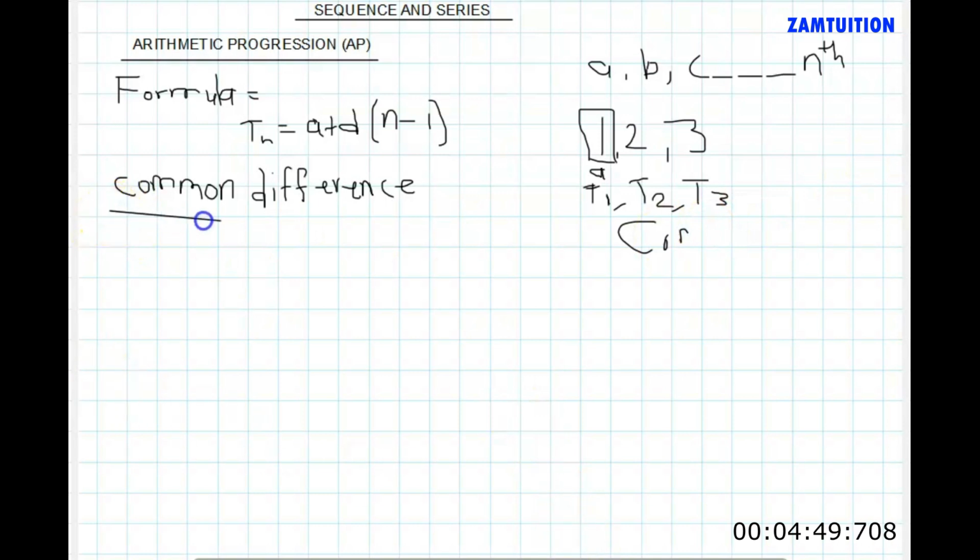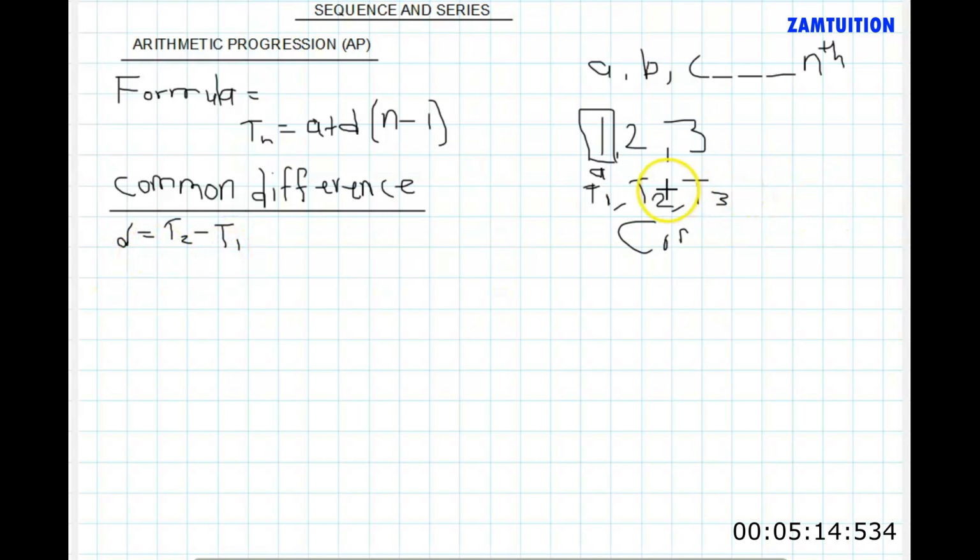So for you to find the common difference which is there between these terms, what we do is we say the common difference is equal to term 2 minus term 1.